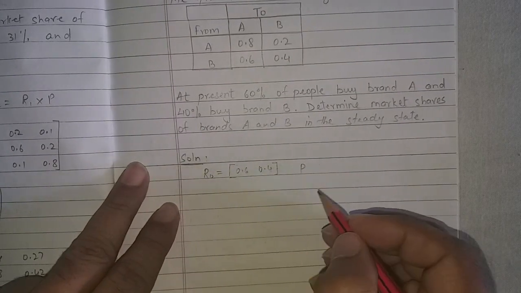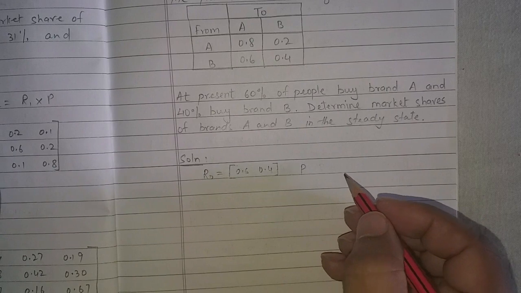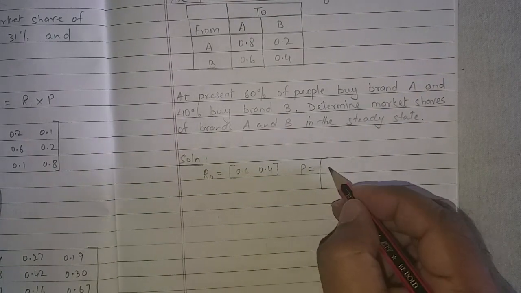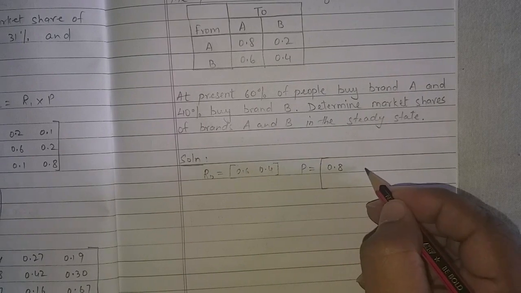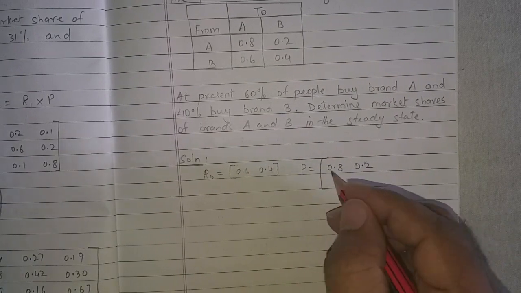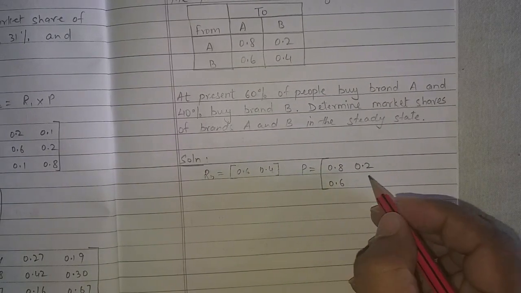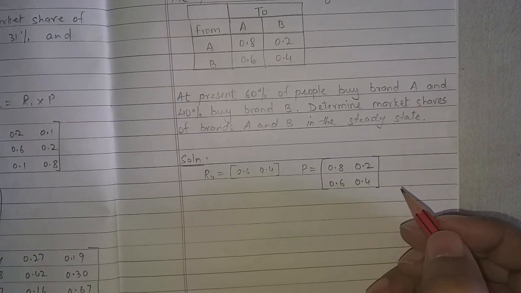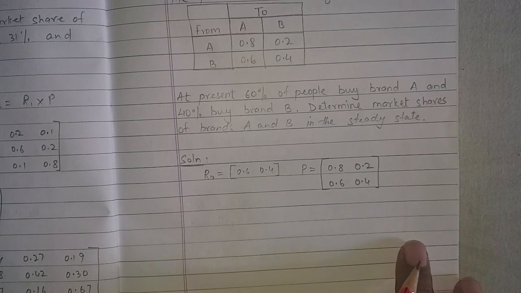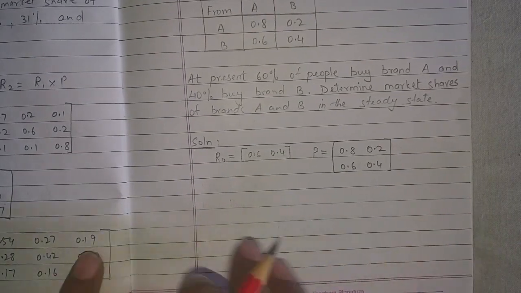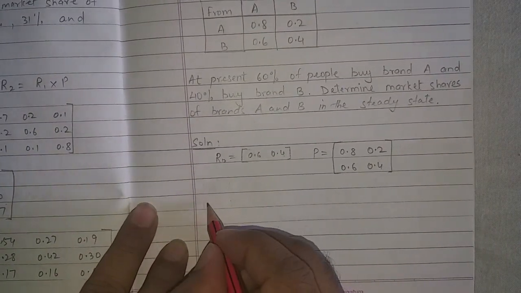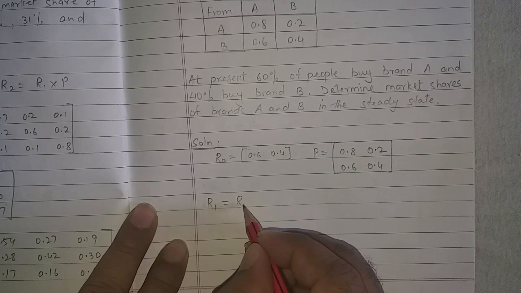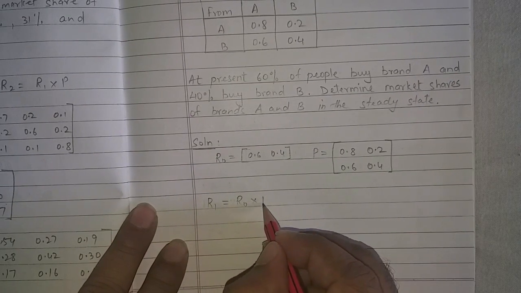The transition matrix we will write as P, which is equal to 0.8, 0.2, 0.6 and 0.4. The formula for finding the next transition matrix R1 is given by R0 multiplied by P.